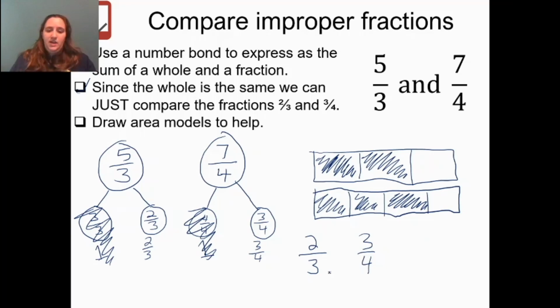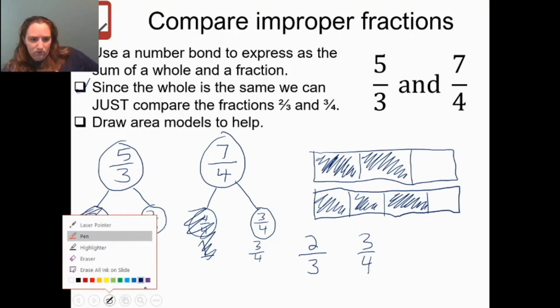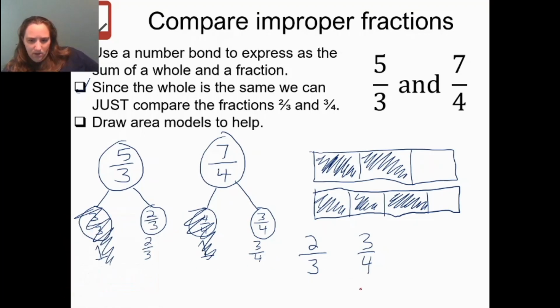So in this case it is 12, because that's the least common multiple of both 3 and 4 that intersect, which would be 12.